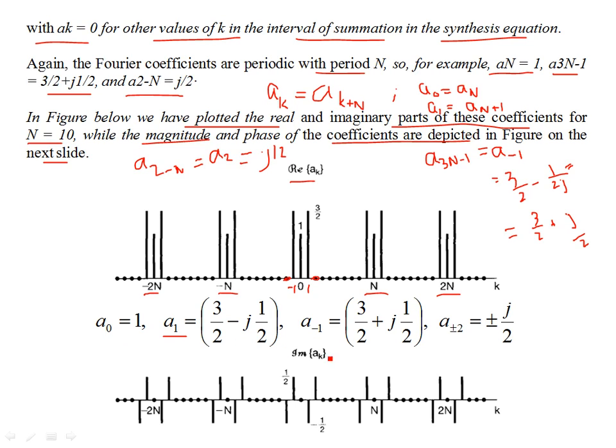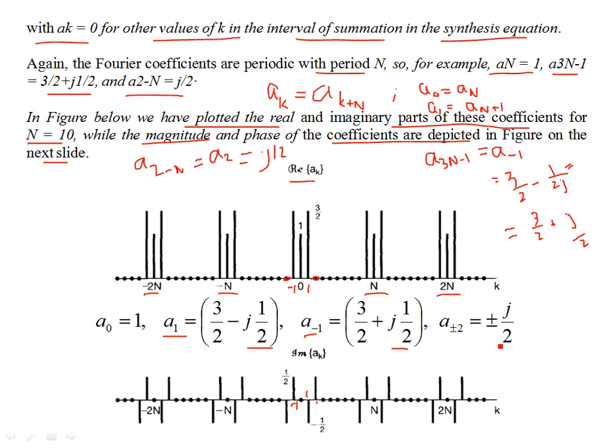Imaginary parts: you see for DC there is no imaginary part, but for the first harmonic this is 1 over 2. At 1 this is minus 1 over 2. You can see the imaginary part over here. Then for k equal to minus 1, this is plus 1 over 2, so it's above the k axis.